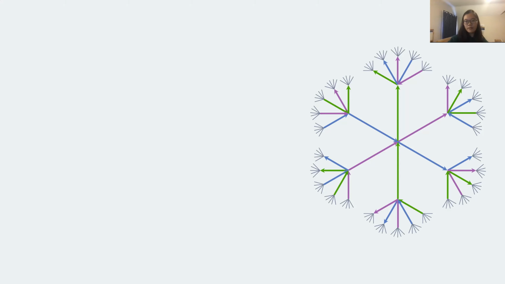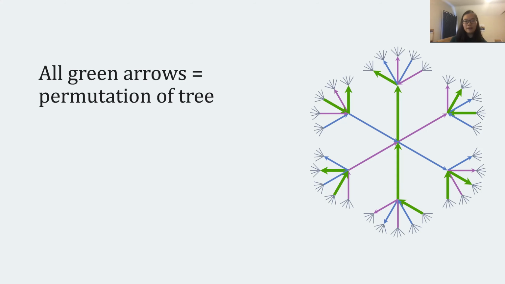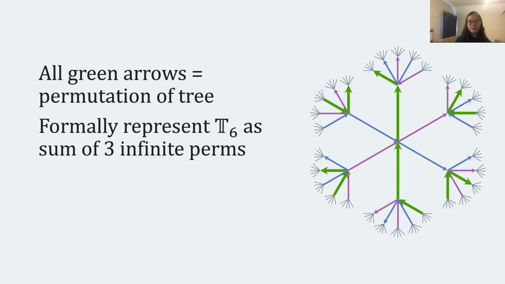Okay, let's just focus on the green arrows. The green arrows actually define a permutation on the vertices of the tree, in the sense that if you take every vertex and move it along the green arrow, that's going to be a graph automorphism. You can think of the green arrows as defining an infinite cyclic permutation of the vertices. The same thing holds for the blue and the purple edges.